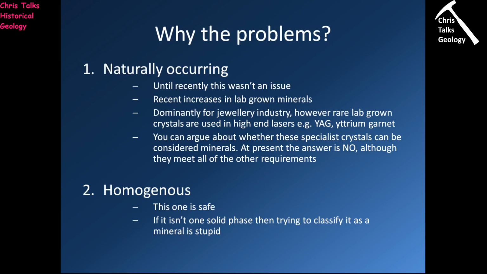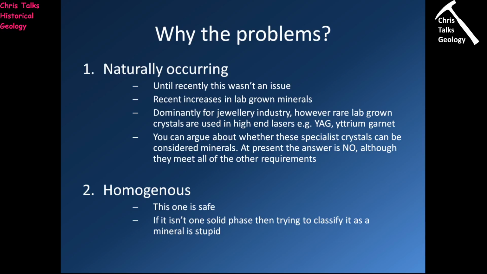And then we come on to artificial minerals. So in lasers, if you're ever lucky enough to use a laser, I would advise it, it's great fun. If you ever use a very high power laser, part of it will be what's called a yttrium garnet. So yttrium garnet is used as part of the laser. It's referred to as YAG.